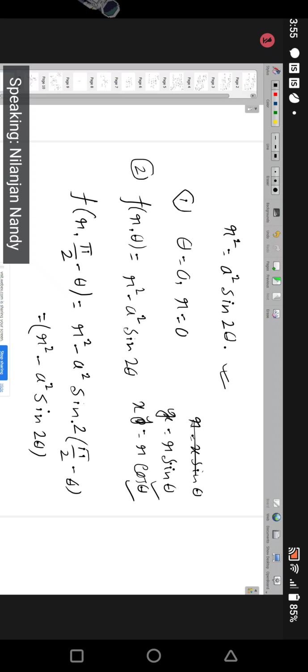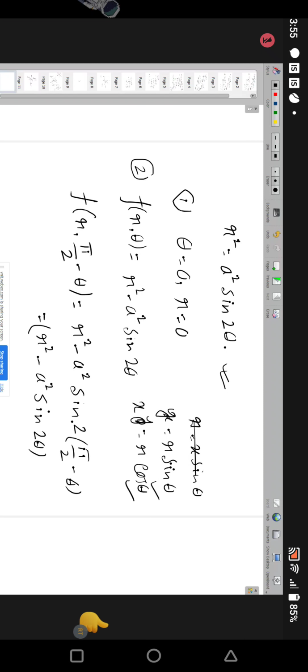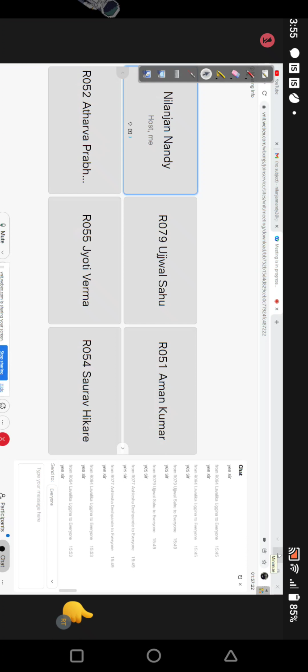So if I rotate through an angle pi by 2, you can see the curve remains the same. Is this clear? If I am rotating through the angle pi by 2, the curve remains the same. Any doubt regarding this?